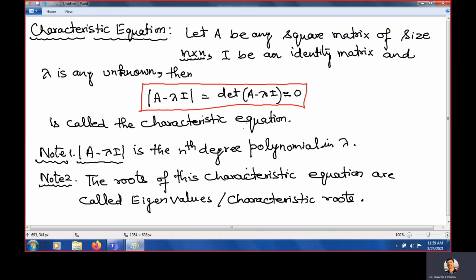Clear? So what will be? It is an nth degree polynomial in terms of lambda. So what do you mean by this?